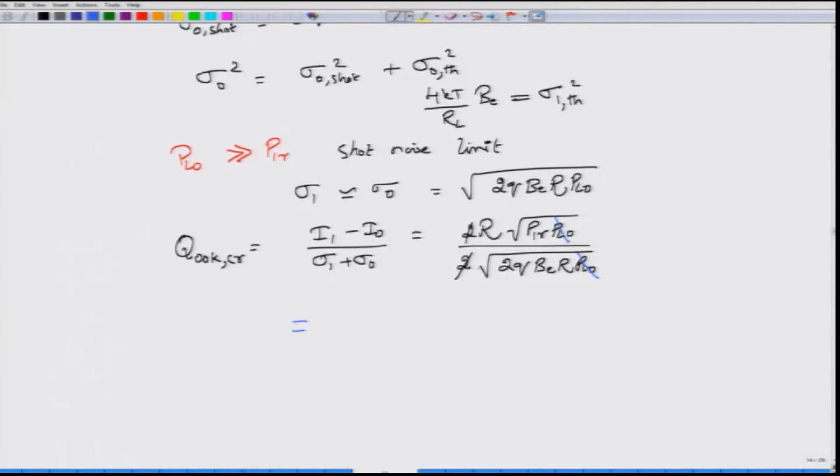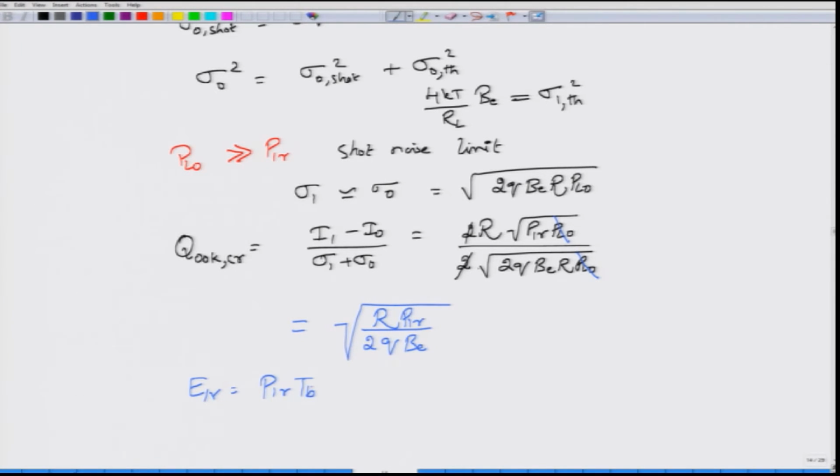Okay. Further simplification of these equations can be made, and you can show that because there is a square root R here, there will be a square root R in the numerator, there is a P1R here, and you can show that this is going to be R P1R divided by 2q BE. Okay. Now the energy P1R can be rewritten as the power P1R times TB.